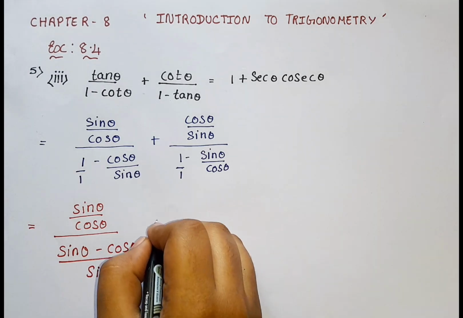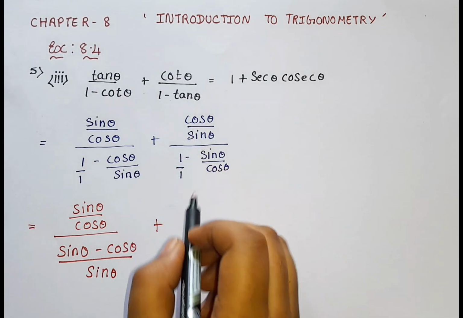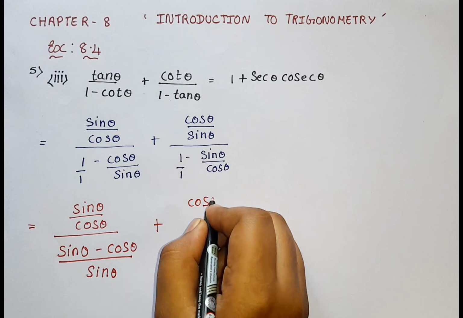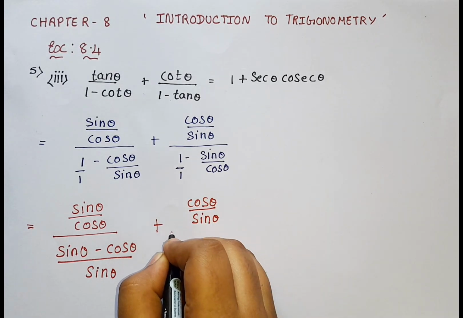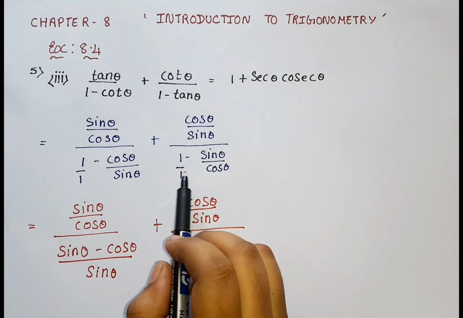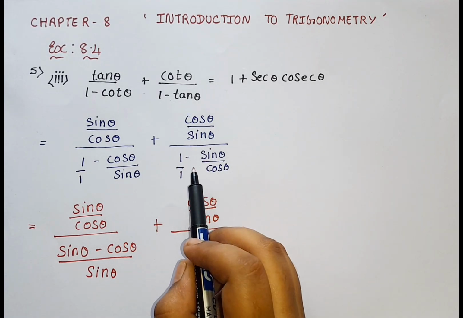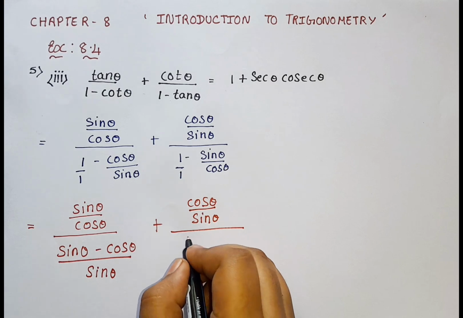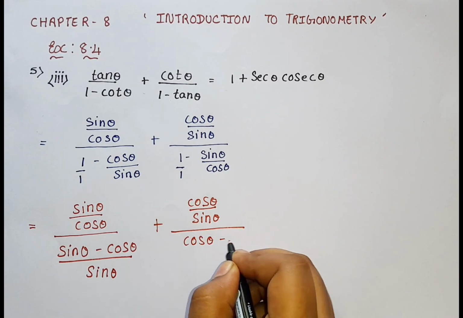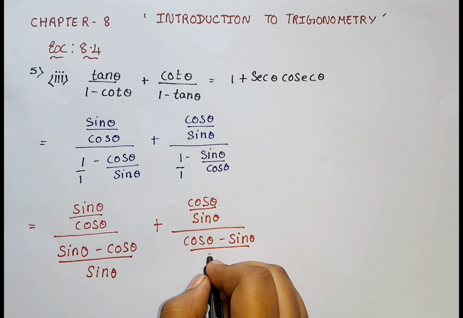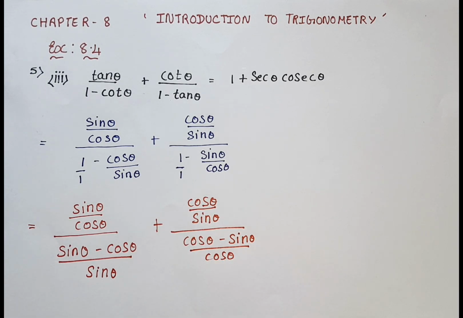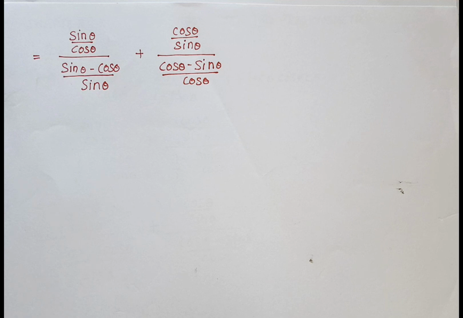And then plus, let's write this as it is, cos theta divided by sin theta, and then divided by, here also we are supposed to take LCM. So when we take LCM we will get cos theta minus sin theta divided by cos theta. So I just wrote it as it is right over here. Now how to solve it further?